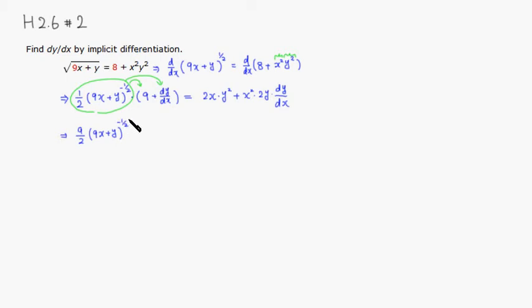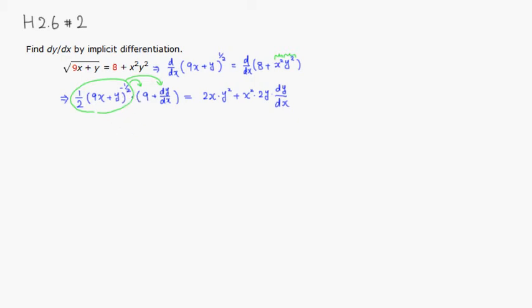And then, actually, I might take that back. It might be easier to simply multiply both sides by 2 and multiply by 9x plus y to the 1/2 power. So why don't we do that?